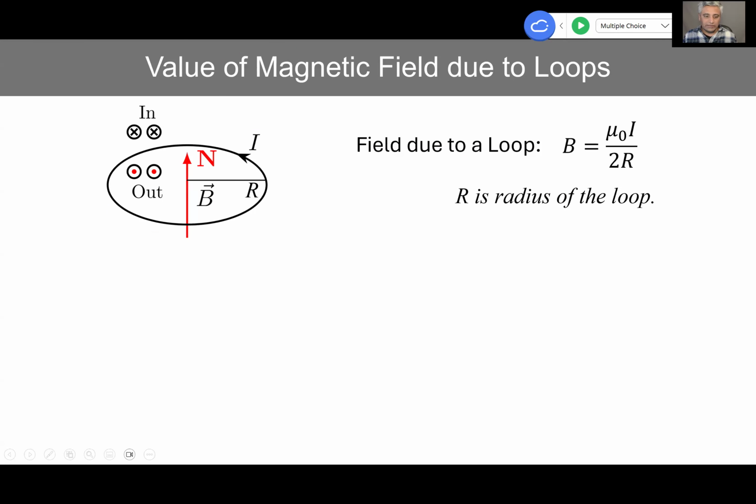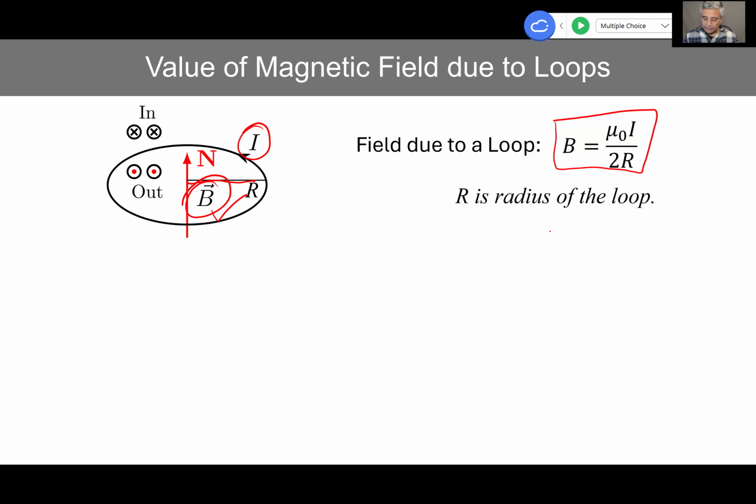So what's the value then? The value of this magnetic field, denoted by uppercase B, depends on the current and how big or how wide the loop is, the radius of the loop, and that is given by this equation.